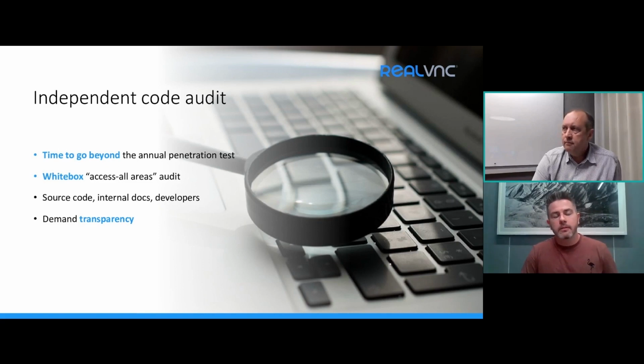However, quite often these are scoped to specific areas, and really what we're saying here is it's time to go beyond that. It's time to ask the vendor key important questions about whether they have had their security independently audited. It's no longer okay for a vendor just to say, yes, we are secure, tick, and brush that under the carpet.